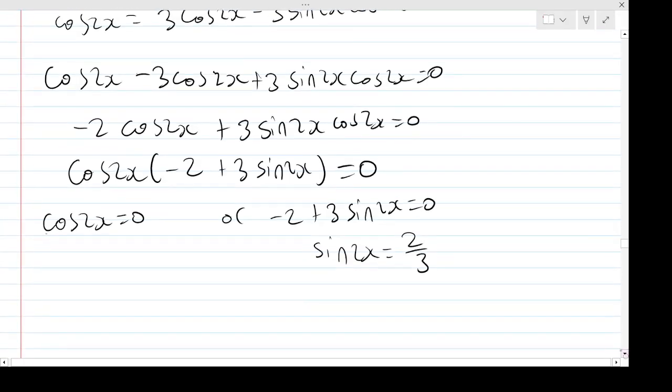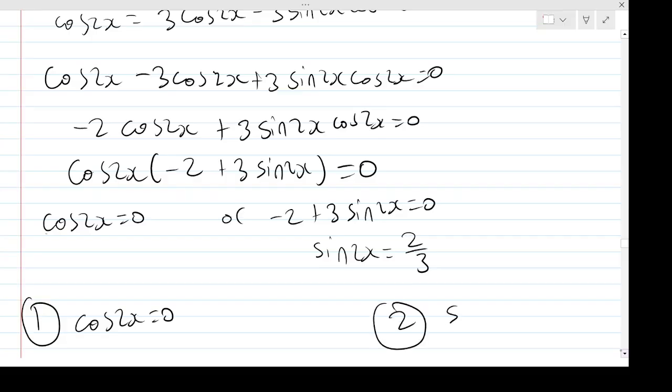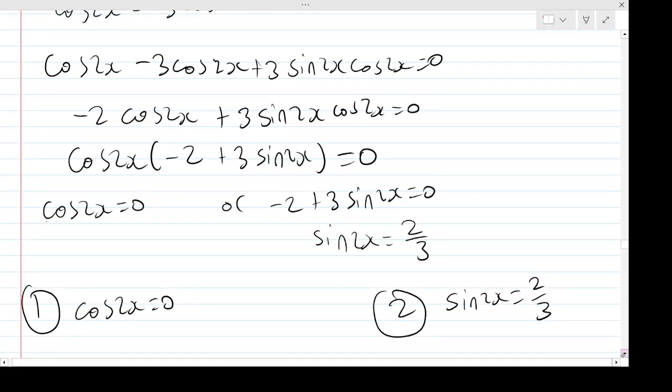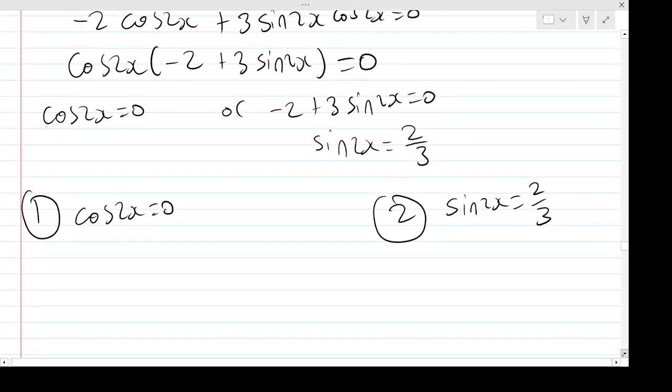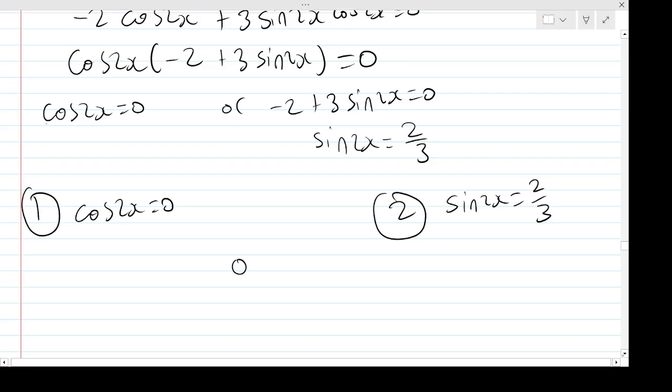I can solve both of them separately. Firstly, I want to solve cos 2x is equal to 0, and I'm going to do the second one here, sine 2x is 2/3. Now, the key thing to note, again, is our interval is between 0 and 90 degrees.